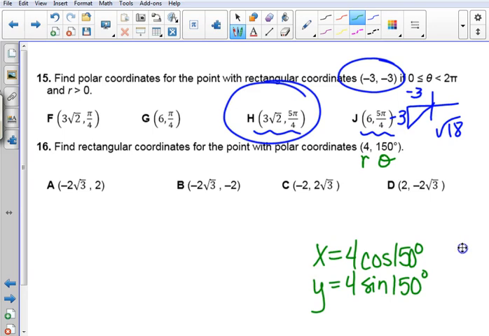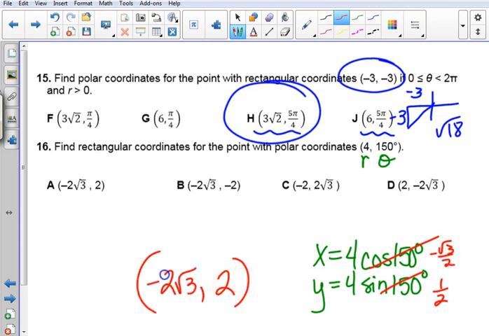So at 150, cosine is negative square root of 3 over 2, and sine is 1/2. Did I do that right? So 4 times a half means the y should be 2, and x is 4 times negative square root of 3 over 2, which is negative 2 square root of 3. Which is the choice? Okay.